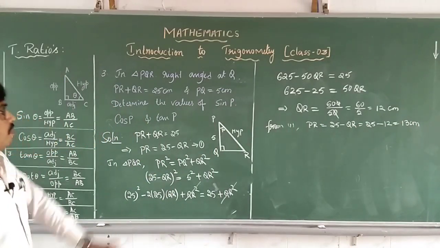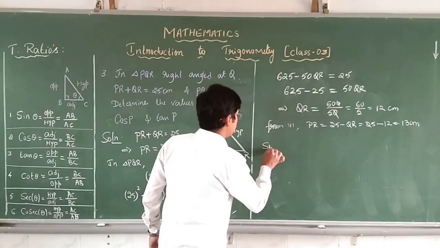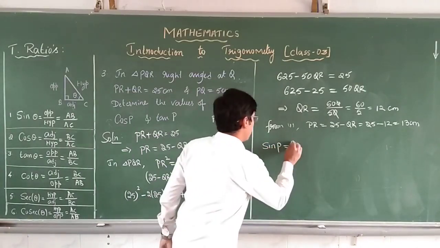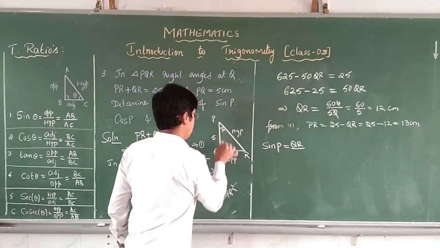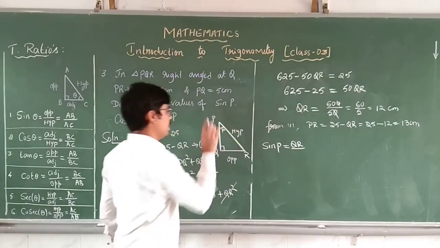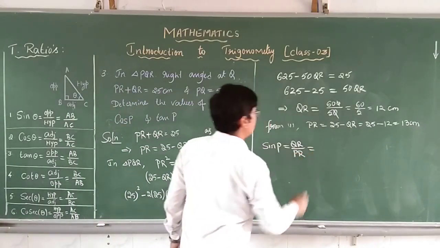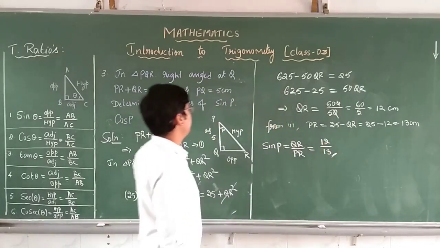Now we got all the sides of the triangle, now we will find sin P. What is sin P? Opposite by hypotenuse. QR is the opposite side here. These two are adjacent here and this will be the hypotenuse, PR. Therefore QR is 12, PR is 13. This is the value of sin P.